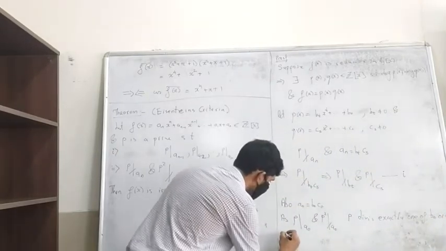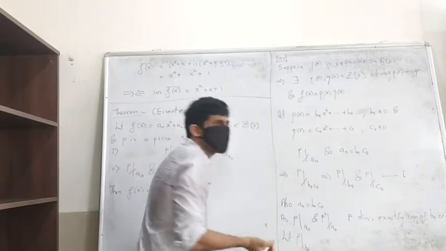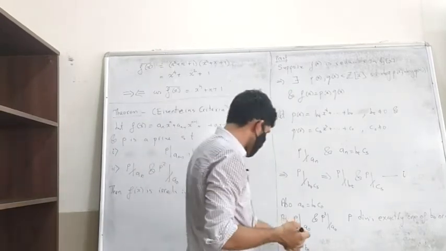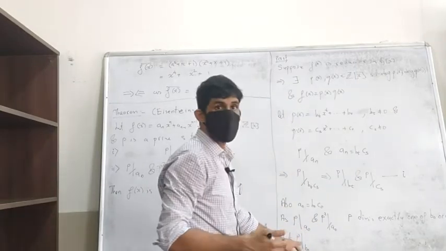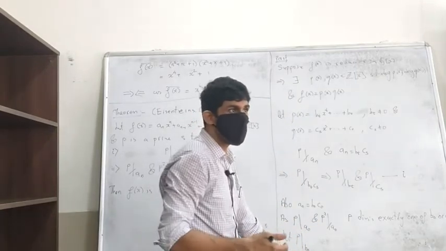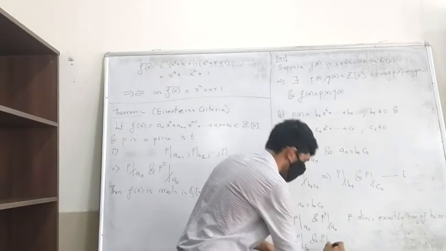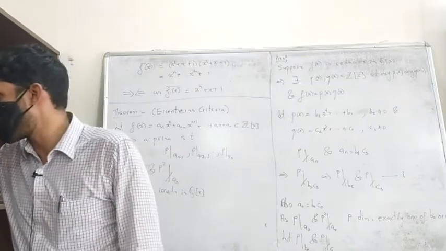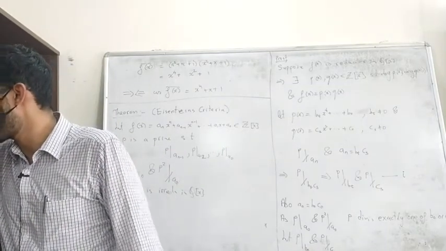Okay, so we will say let p divide B naught. It doesn't make a difference to us which side we use, because everything looks symmetric. So p divides B naught and p does not divide C naught.